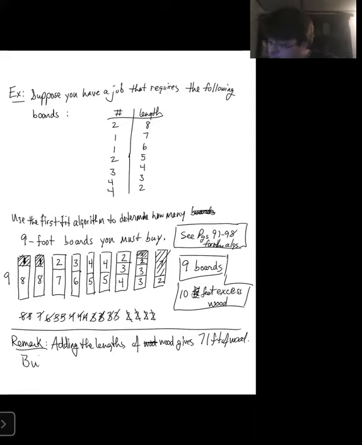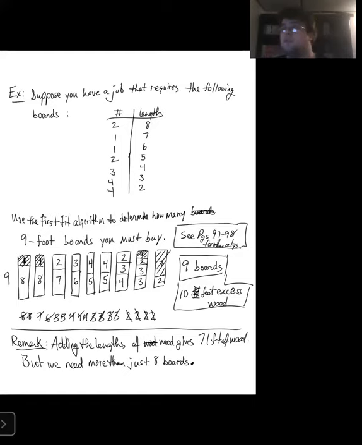But we need more than just 8 boards. If you get 71 feet, divide that into 9, it gives you that you need 8 boards, then you'd have 1 foot of excess wood. But we need more than just 8 boards.